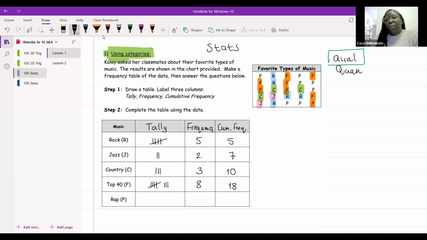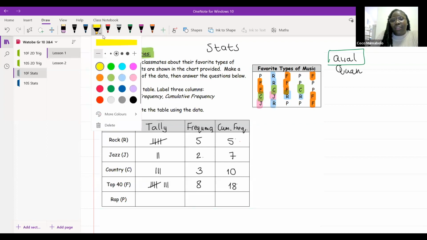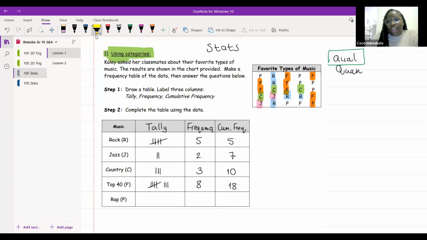For those of you who are too young to understand what a top 40 is, which is so embarrassing. Way back when TV was still a thing, when we used to have to wait at 5 o'clock to watch a specific TV show, and if you weren't at your TV at 5, then you missed it, and there was no rerun. There used to be a show on SABC. Don't laugh, Princess.